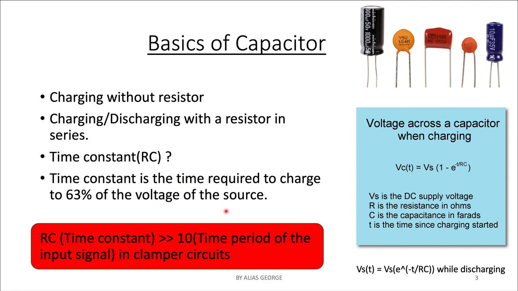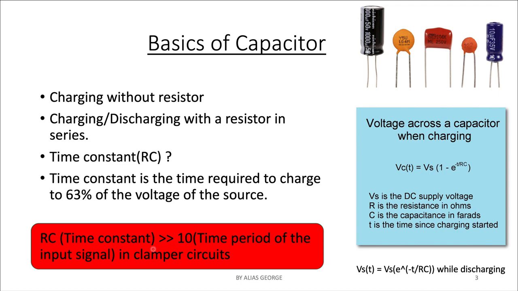In our next examples, all the examples of the clamping circuit will be following this basic law. I will explain what happens if it is less than 10 times T in the next slide. For now, just trust that the RC constant should be greater than 10 times T to get a perfect output in the case of clamping circuits.